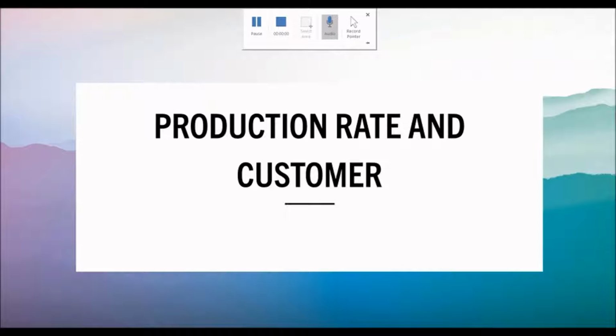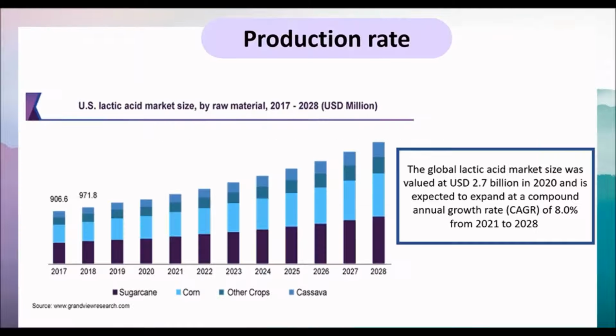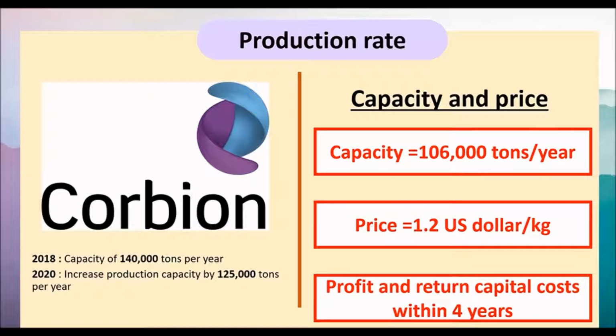For the production rate and customer, the global lactic acid market size was valued at $2.7 billion in 2020 and is expected to expand at a compound annual growth rate of 8% from 2021 to 2028.